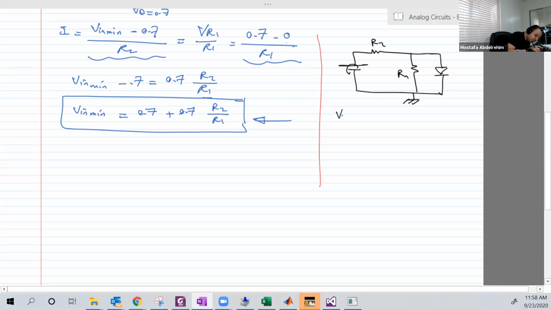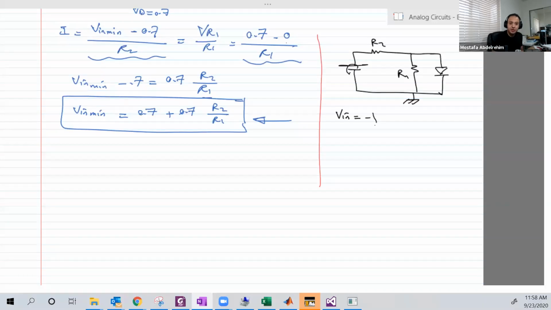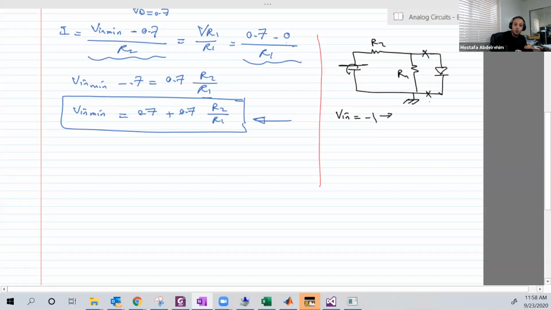So let's assume that V input is equal to -1. Will it be on or off? Basically, it will be off because this is reverse, right? So at -1, this is off. No current is flowing through the diode. It's basically an infinite open circuit. So the voltage here, which is VR1, is basically V input all the time multiplied by R1 over R1 plus R2.